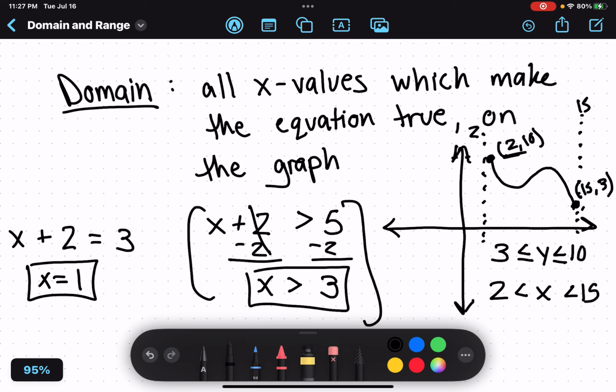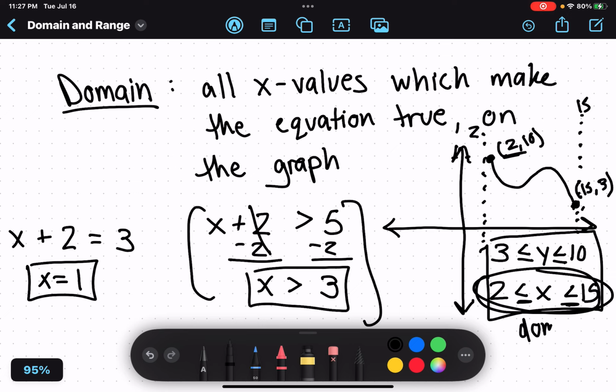And it's also inclusive because 2 and 15 are in the graph. So this is our domain right here. I know I did y, I'm sorry, but I was giving you a little head start on finding the range. So our domain on this graph would be 2 to 15, inclusive.